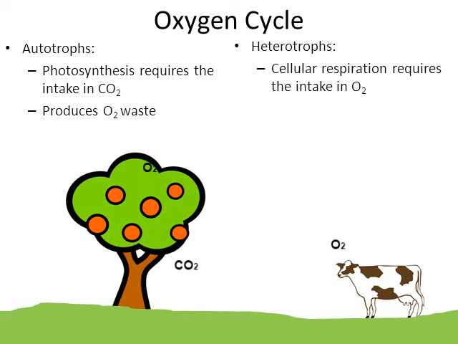And in order to make ATP, oxygen is one of the reactants. And so the cow is now exhaling carbon dioxide, because carbon dioxide is a waste product of cellular respiration. You can see from the video here we have a nice, pretty straightforward overall cycle where the cow gives off carbon dioxide, which is taken in by the plant. The plant gives off oxygen, which is taken in by the cow.